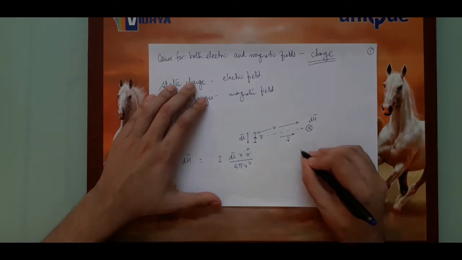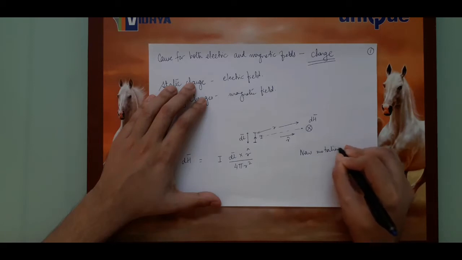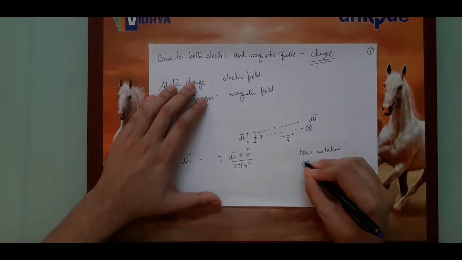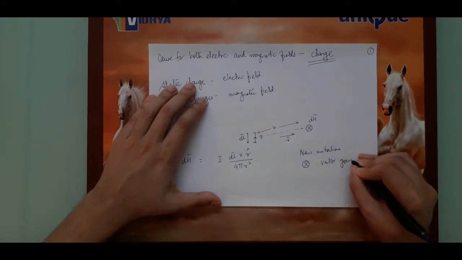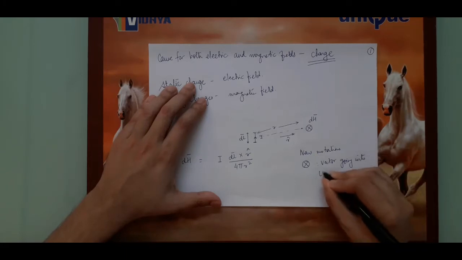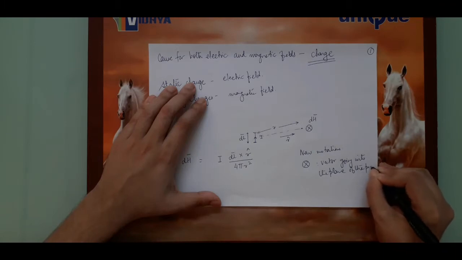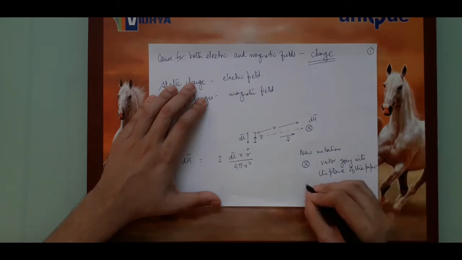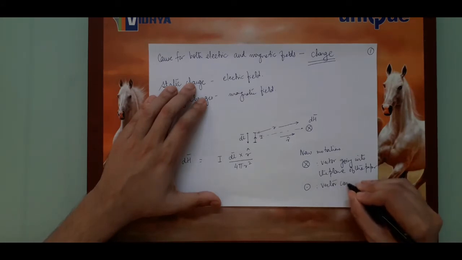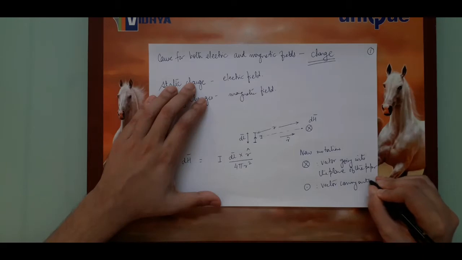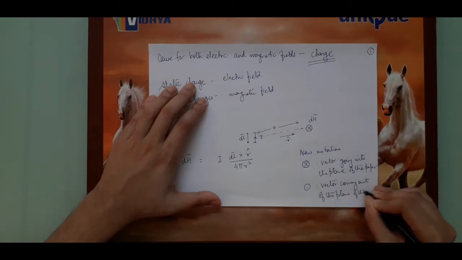So, new notations. This means a vector going into the plane of the paper, and this means a vector coming out of the plane of the paper.